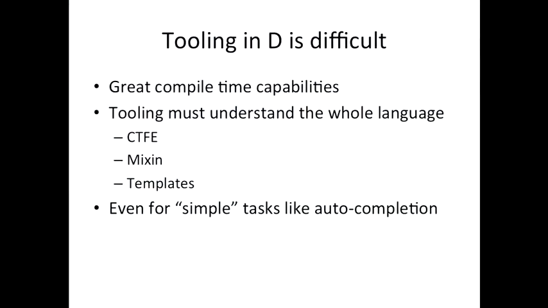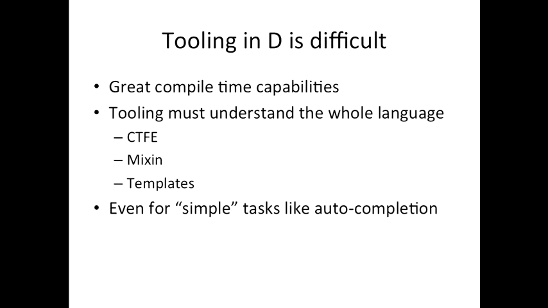The thing is, building tooling in D is very difficult. Because if you want your tooling to completely work, you have to understand the whole language, even for very simple stuff, because you have features like CTFE, mixins, and templates. If you're going to mix some code into your D, then you have to run some CTFE, and you have to understand the whole code that you are going to CTFE before mixing it in.